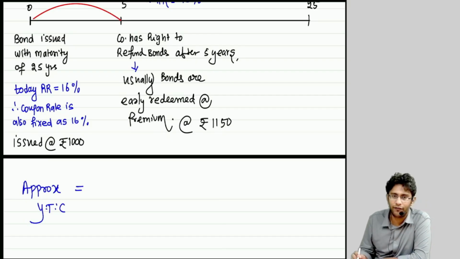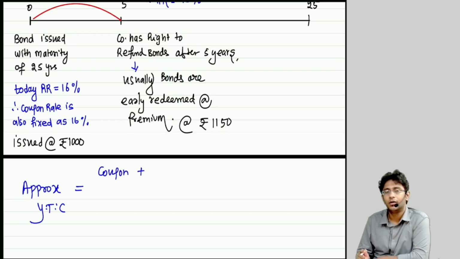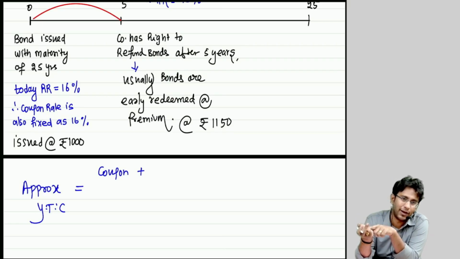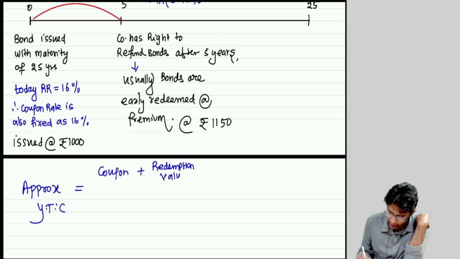Yield to call formula. YTM formula you know. Coupon amount. Next, maturity value is the word you use in YTM. In holding period return we use the word sale value. Here, redemption value or call price, both are correct.